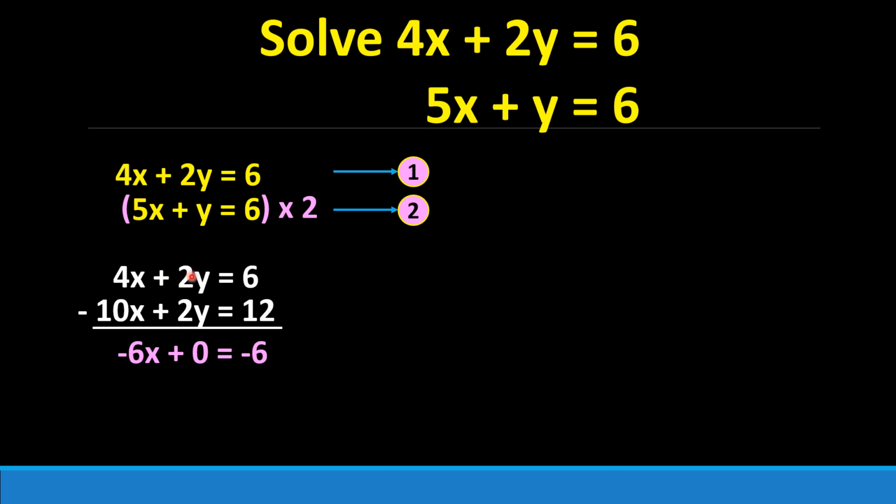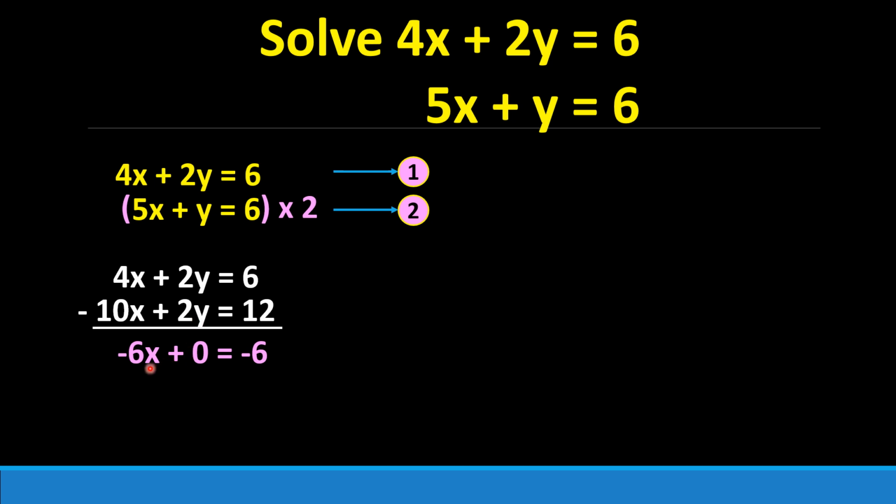This 2y is positive and this 2y is positive. So we have to put a minus sign, or we have to subtract these two equations. On the other hand, if it was a positive sign for one value and negative sign for the other value, then we should add these two equations. Only then we can get it eliminated.